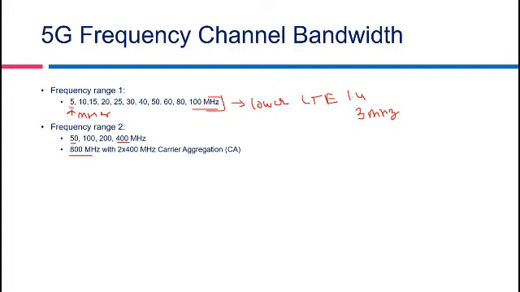What it has to do is split this bandwidth into two carrier elements and then use that 800 MHz as carrier aggregation, using 400 MHz bandwidth with two carrier components.